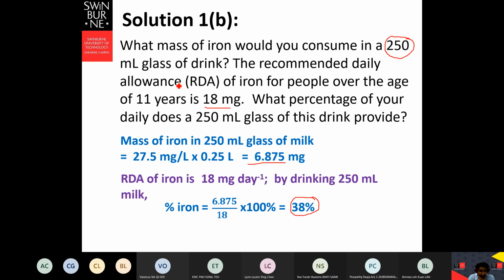So if you drink one 250 milliliter glass of milk in the morning, you are actually taking 38% of your daily dose of iron. So the rest, 62%, you have to meet from your other food.